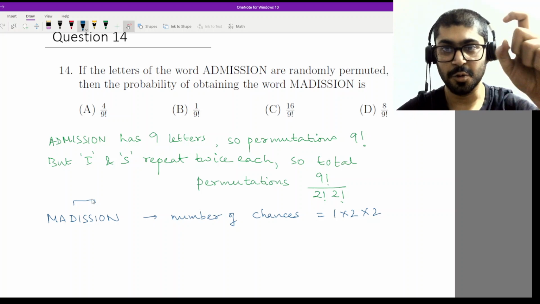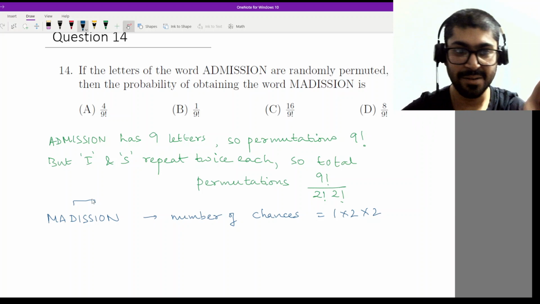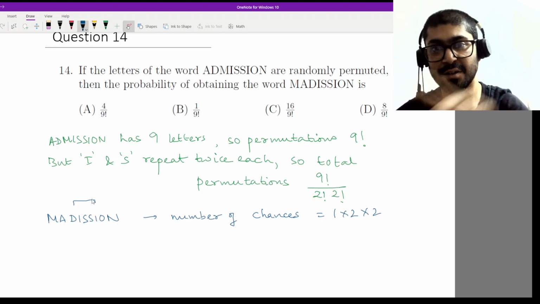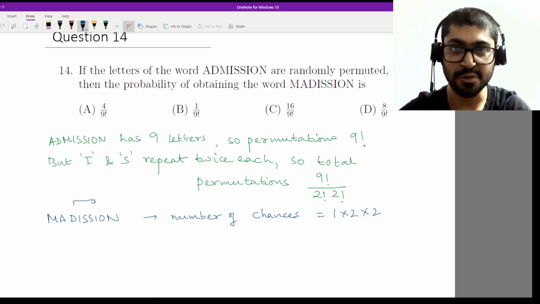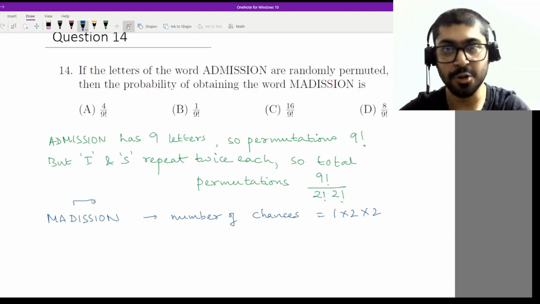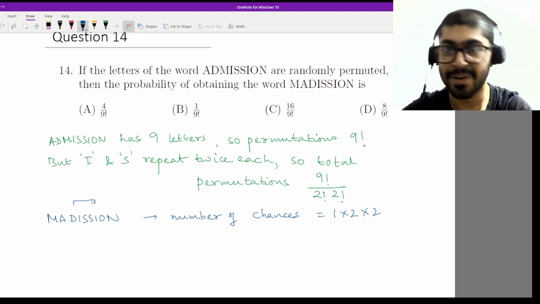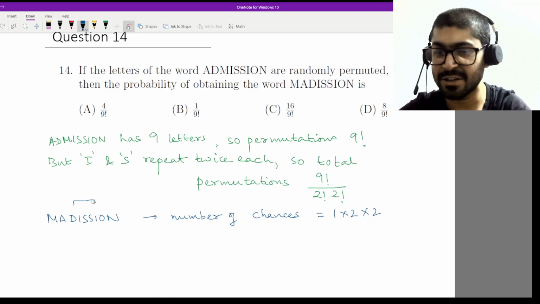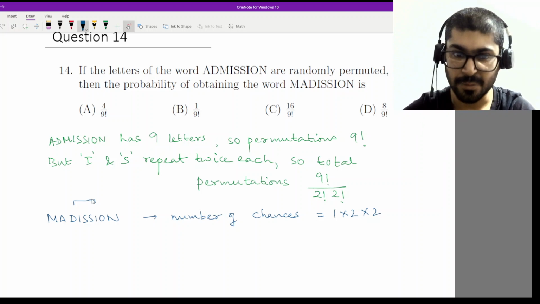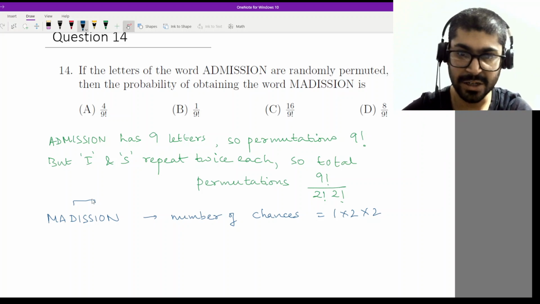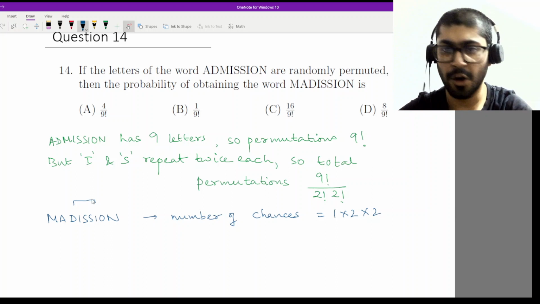All right, so which I is getting before S in the first formation of this word is not known. There are 2 I's and 2 S's, so which one is S1, which is S2, which one is I1, which one is I2, we don't have any idea about. So that is why we take care of the permutations and we have a total of 4 copies of this.